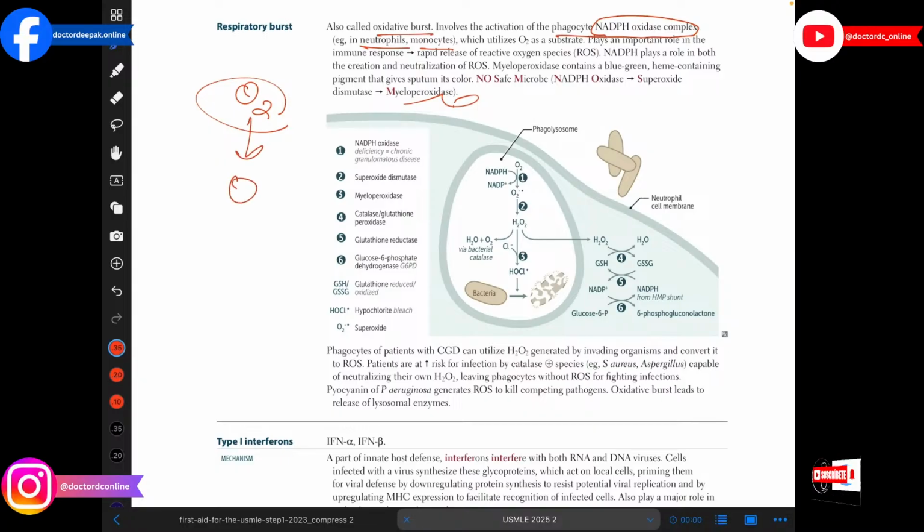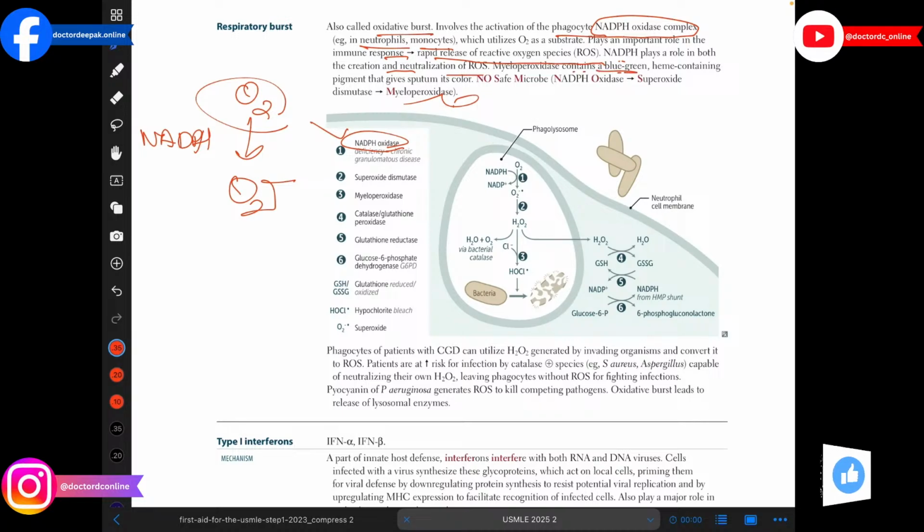That oxygen is converted into oxygen radicals, and it happens by NADPH oxidase. They play an important role in the immune response, with rapid release of reactive oxygen species. NADPH plays a role in both the creation and neutralization of ROS. They can neutralize and can create reactive oxygen species.